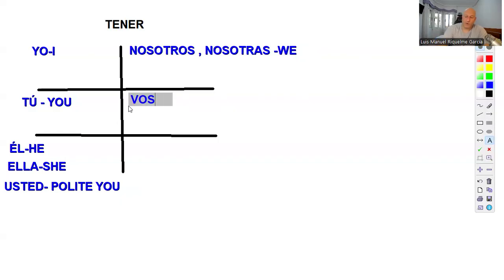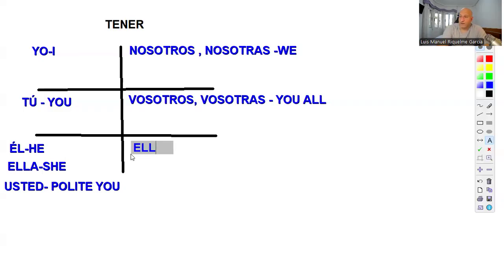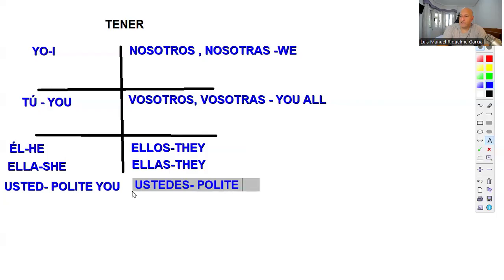And this one is for vosotros or vosotras, and that means you plural, you all. And finally, we have the bottom right box that is for ellos, which means they, masculine. We have ellas, that's they, this time feminine. And we also have ustedes. That is a very polite you all, you plural.